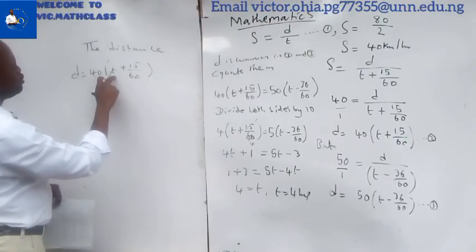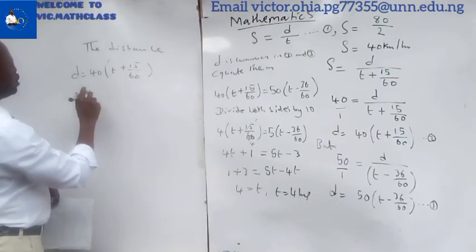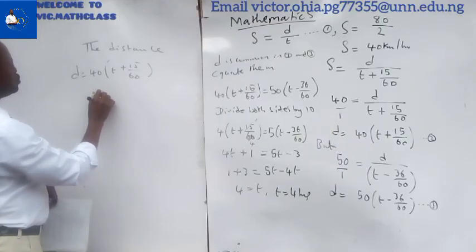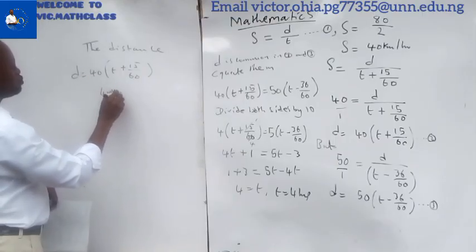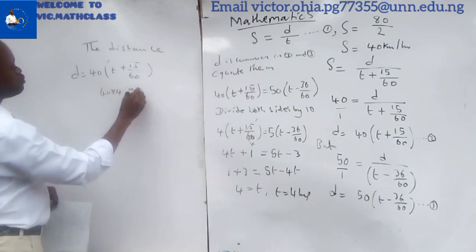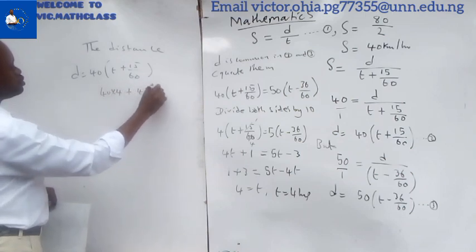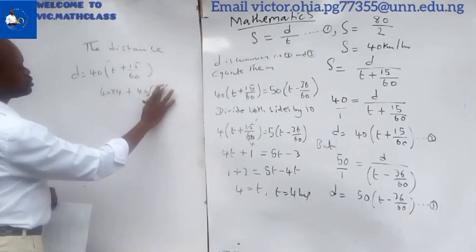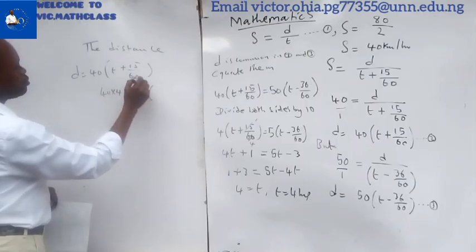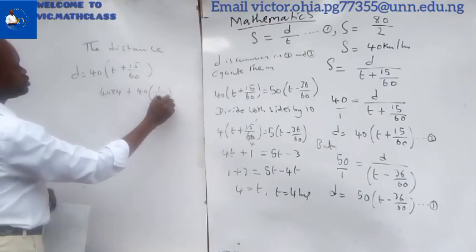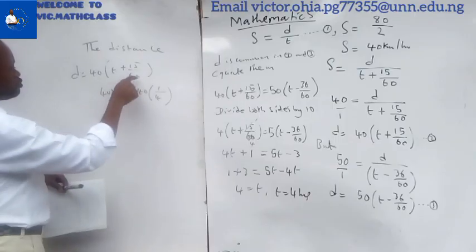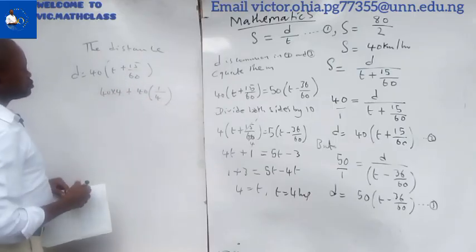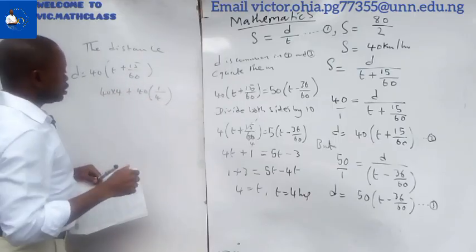So if I put t as 4, I will have 40 times 4 plus 40 times 1 over 4, since 15 over 60 is 1 over 4, to be clearer.